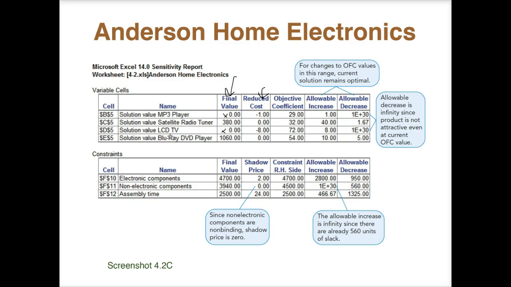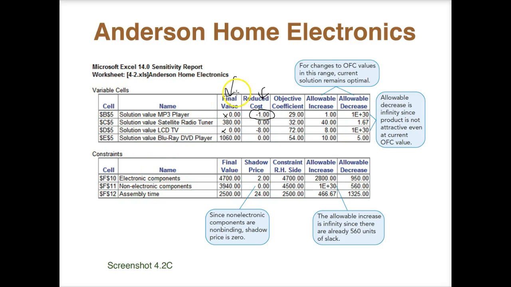Another way to interpret what we're saying here is that in order for us to be able to produce an MP3 player, we somehow have to come up with this dollar difference in profit.